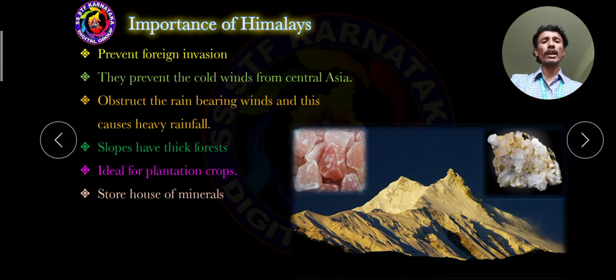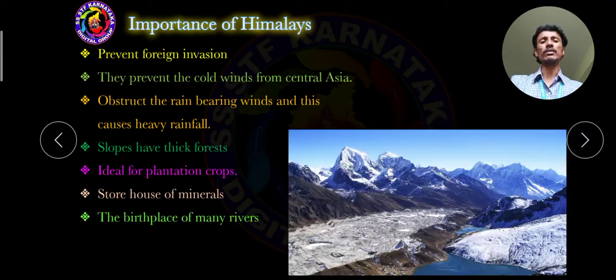We can find a variety of minerals in the Himalayas. Here are pictures of some of the important minerals. Then the birthplace of many rivers. In the Himalayas, many rivers originate. Some of the important rivers are Gangotri, Yamunotri, and another very important river, Brahmaputra.